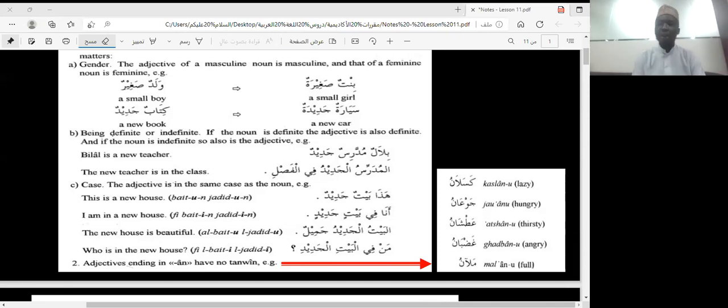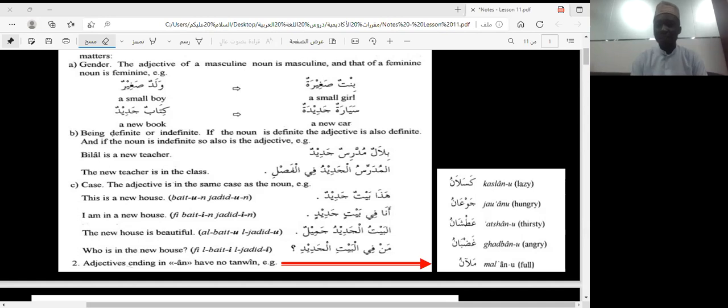Okay, so ra'aytu qalaman jadidan. I saw a new pen. Hadha qalamun jadidun. This is a new pen. Ana fi baytin jadidin.